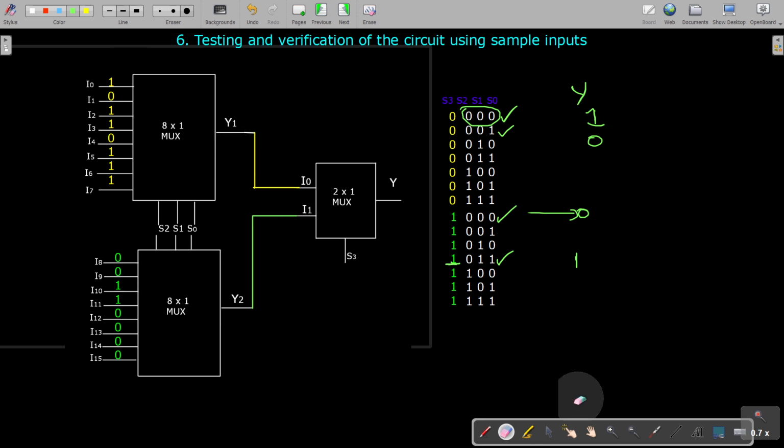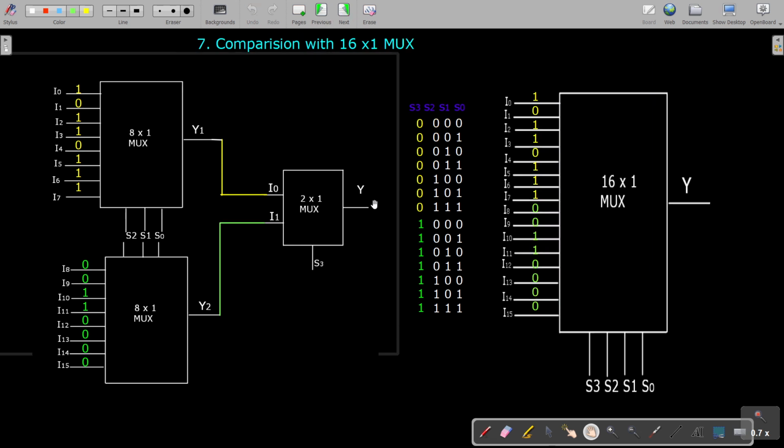And if you want, you can compare it with the 16 by 1 MUX also. So if you want, you can do the comparison. So we give the same data here. Here it is 1011. Check here it is 10110111.